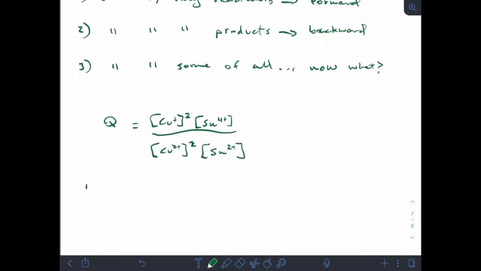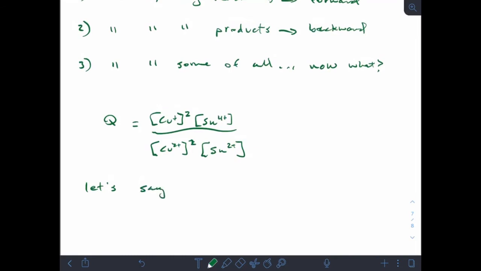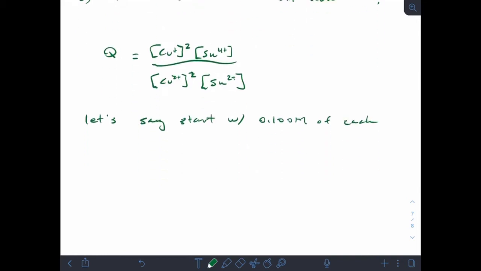So let's say that we start with 0.1 molar of each. Okay, I measure out 0.1 molar solutions of all 4 components, and I plunk them all down in a beaker together. All right. Will the reaction proceed forward to reach equilibrium, or will it proceed backward to reach equilibrium? All right. So I'm going to plug in 0.1 for all of my components.